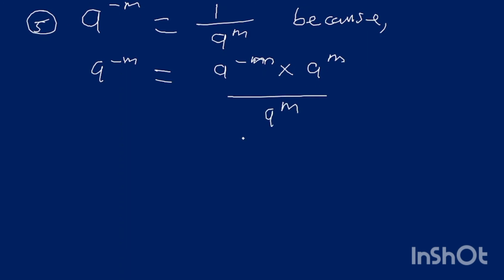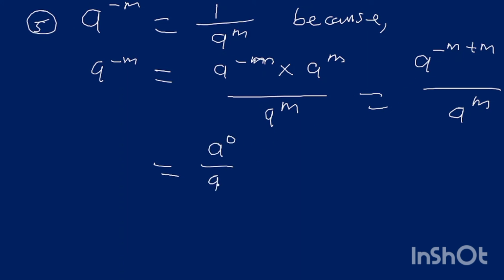This m and this m can actually cancel out and just give us what is here already. So this is the same thing as saying a raised to power minus m plus m divided by a raised to power m, which is equal to a raised to power 0, because minus m plus m will give us 0, divided by a raised to power m. And we know a raised to power 0 is 1, so we get 1 divided by a raised to power m. Proved.